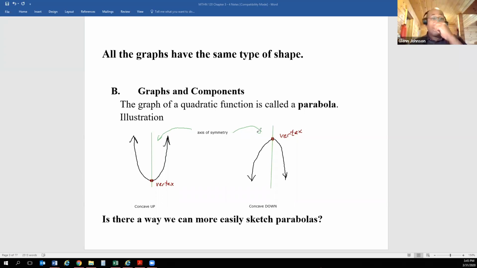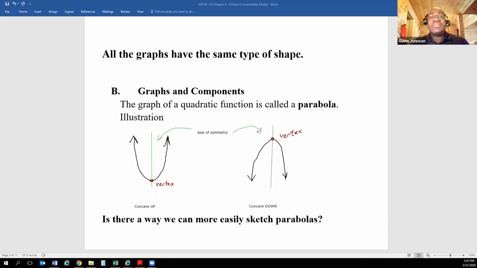All right, so now when it comes to sketching or graphing a parabola, we can plot points. Just choose values of x, plug them into the function, and get corresponding y values. But now, is there an easier way that we can sketch parabolas or graph parabolas? And in fact, there is.